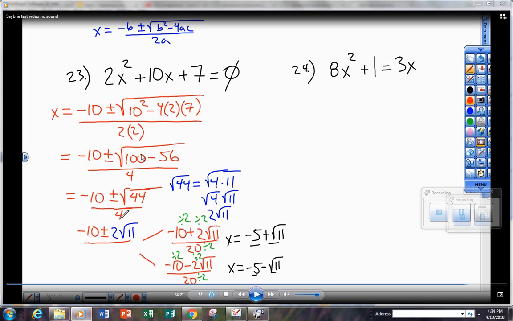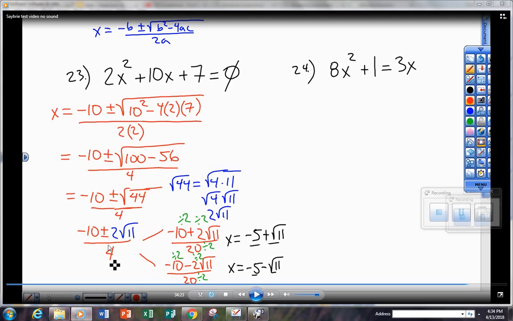I put 2 times 2 on the bottom. 10 squared is 100. 4 times 2 is 8, times 7 is minus 56. That gives me 44. What I do right here is I take that root 44 and I simplify it. Root 44 is root 4 times 11, which ends up being 2 root 11.